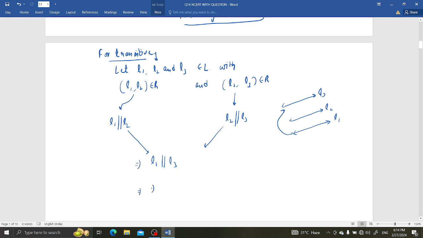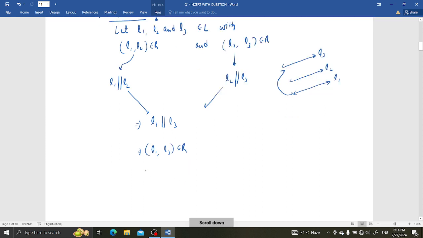So it implies L1 comma L3 belongs to relation R. And it implies R is transitive on A. On L, sorry. Actually, I'm used to the A, that's why. R is transitive on L.